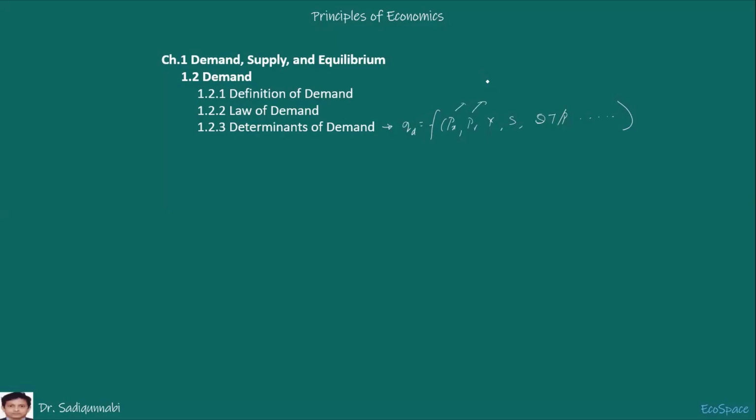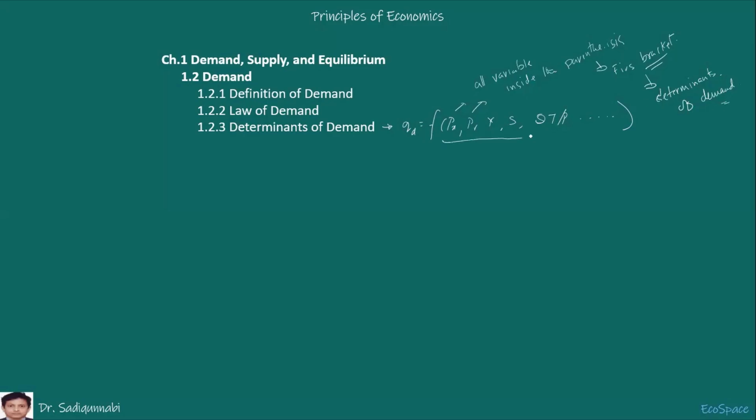So all variables inside the parentheses are called determinants of demand.